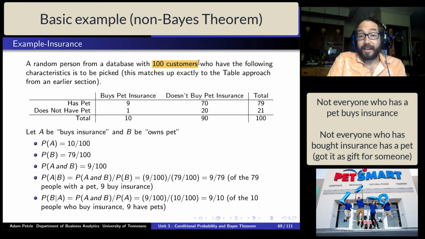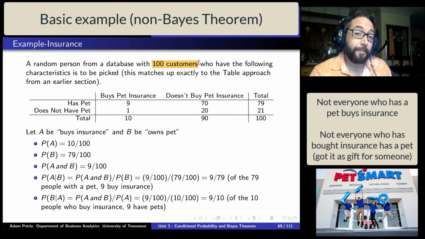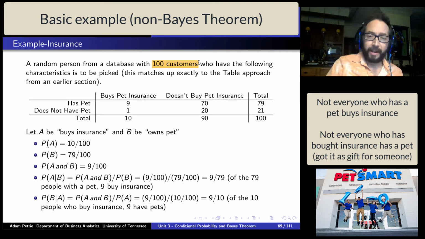All right, so not everyone who shops at PetSmart has a pet. Some people that actually don't have pets might have bought pet insurance, say on the behalf of someone else. And so let's break down the combination of having and not having pets and buying insurance and not buying pet insurance through PetSmart here. So in our data, we have 100 total people.